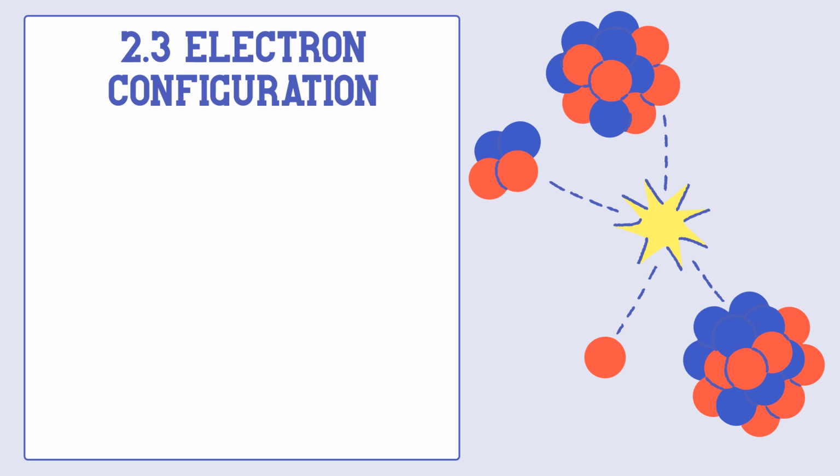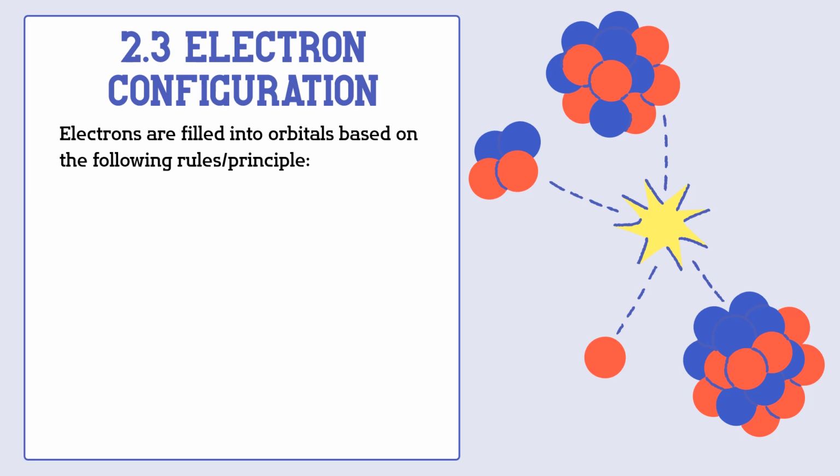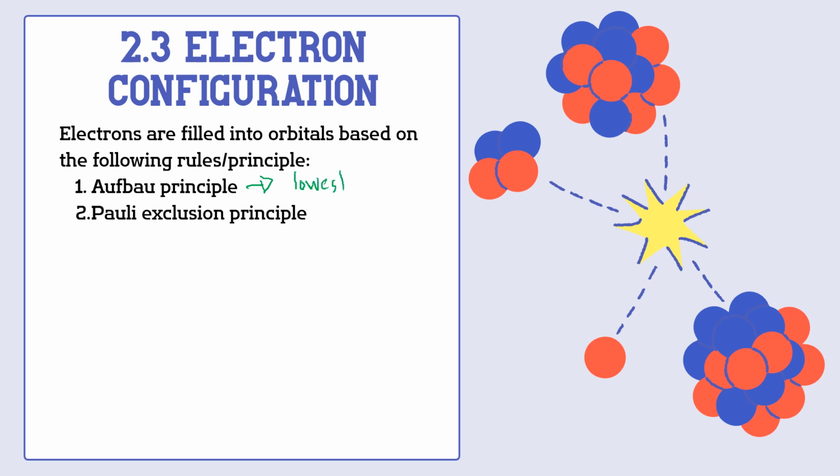Okay, now we continue with the last part of chapter 2, electronic configuration. Electrons are filled into orbitals based on the following rules. The first one is the Aufbau principle. Basically, it lets us know that the electron will fill into the lowest energy level first. Next, the Pauli exclusion principle: no two electrons can have the same 4 quantum numbers.